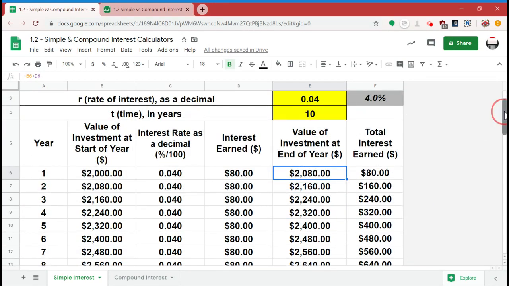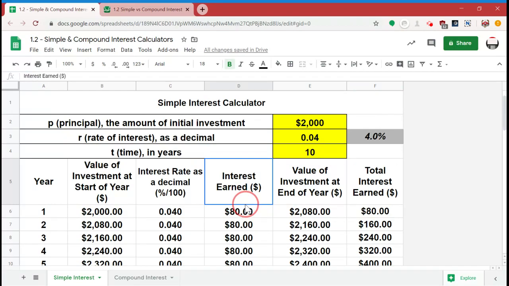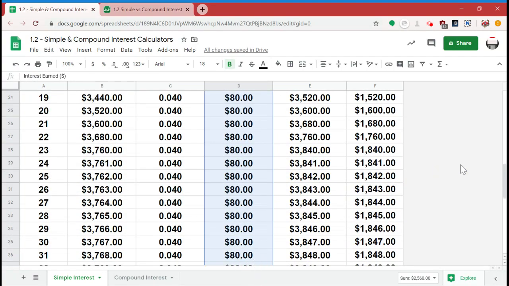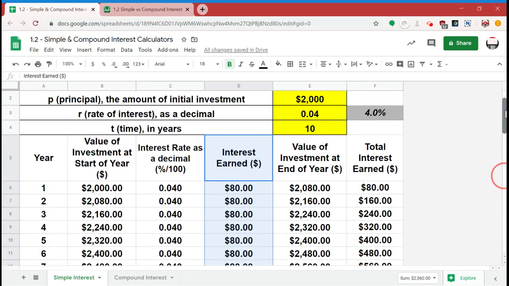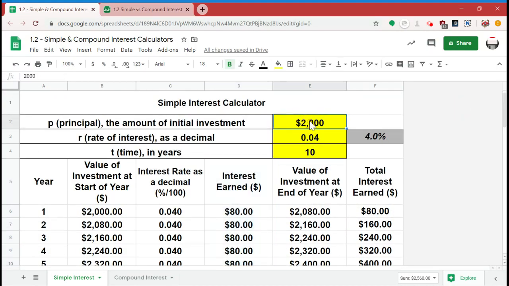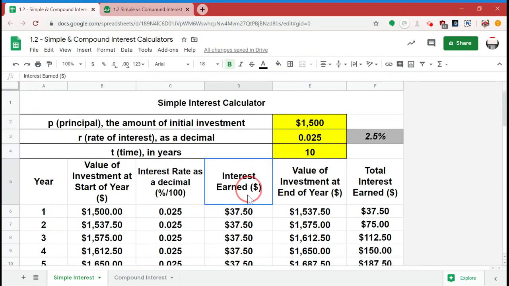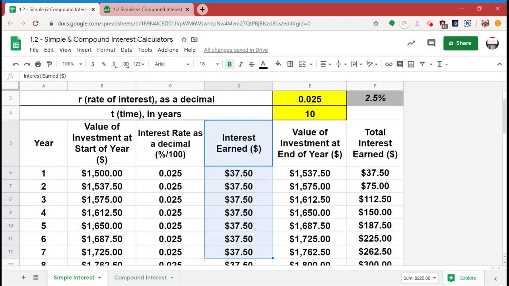And you can see that one of the key concepts of simple interest is that no matter what I set these two values at, so I could change this to 1,500, and perhaps I'll change this to maybe a 2.5% interest rate, you can see that the interest earned is always the same for every year.